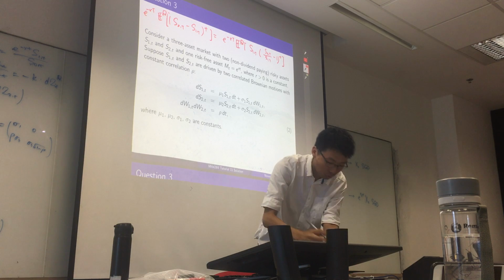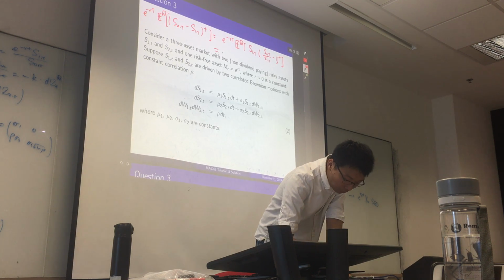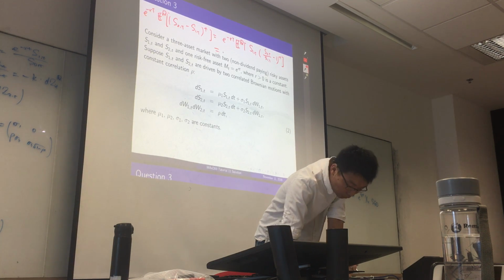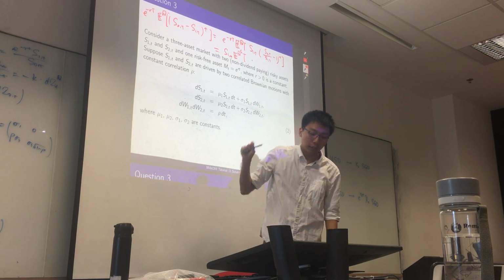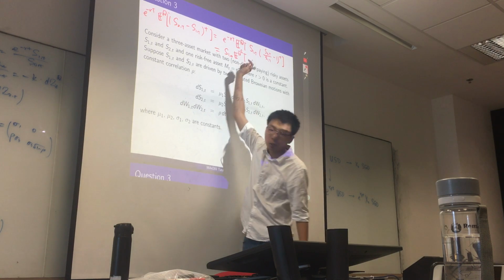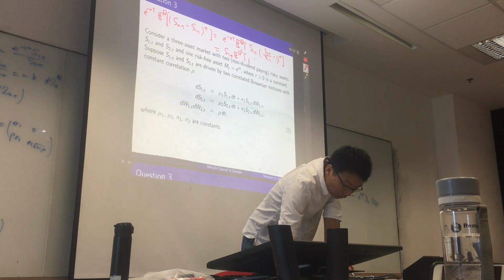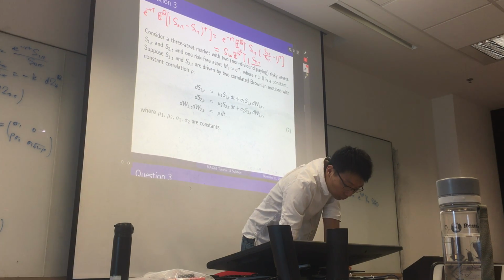So once we introduce this change of probability, or change of numeraire, it will become S1(0) times the expectation under Q^S1, and these two will be absorbed in this probability Q^S1. The remaining is just S2(T) over S1(T) minus 1, positive part.